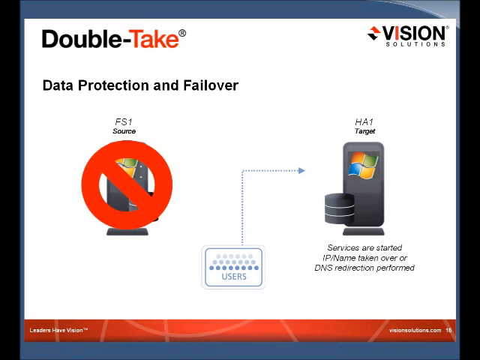So either way, after failover, users connect up to the target server that's failed over and acting as the source server, and they're able to access their data because that's provided for them through that real-time replication. The data is there, up to the moment of the source failure, and that data is available to them. That's a very simple model. That's our data protection and failover.